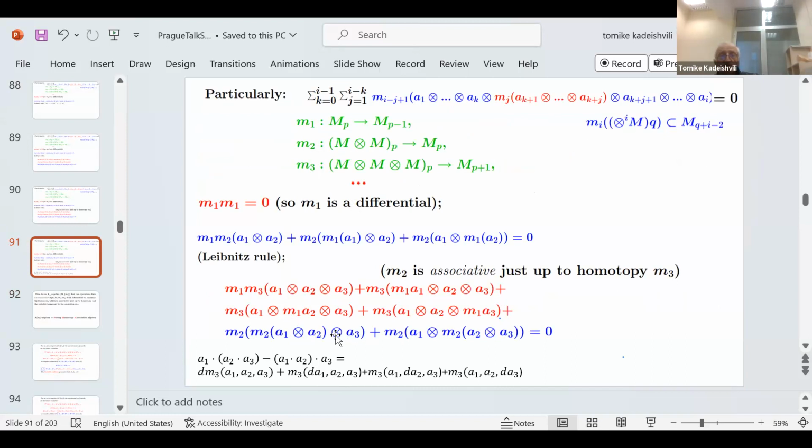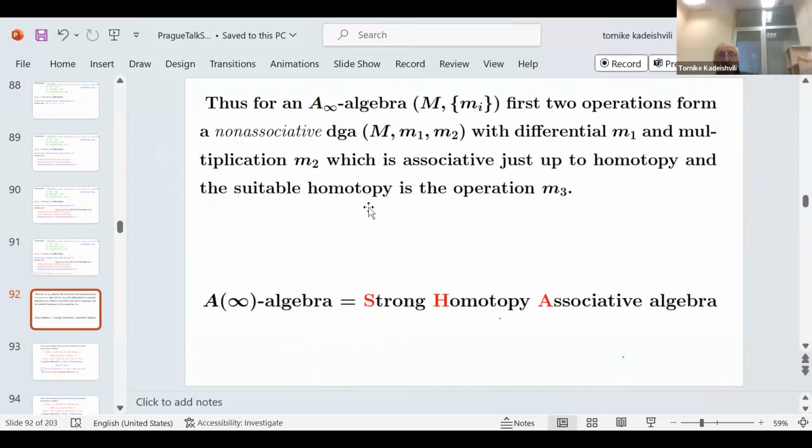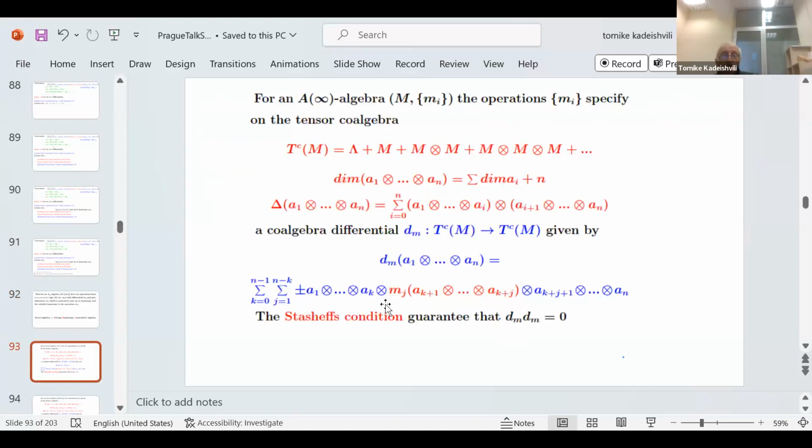But it's not only that. There comes also M4, M5, and that's why here stands S, strong homotopy associativity. For homotopy associativity there would be M1, M2, M3 only, but it is not enough. And the higher orders also show up.